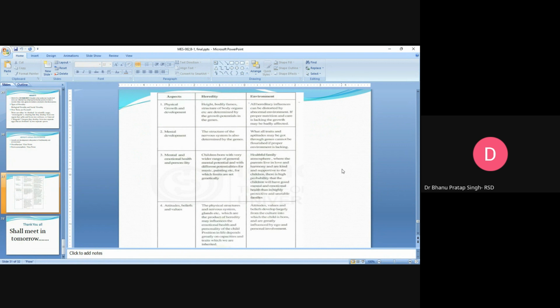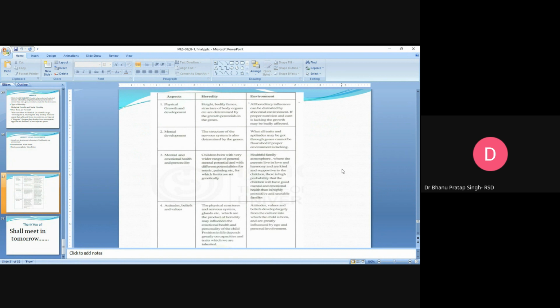As far as environment is concerned, all this heredity influence can be distorted by an abnormal environment. If proper nutrition and care are lacking, the growth may be badly affected.